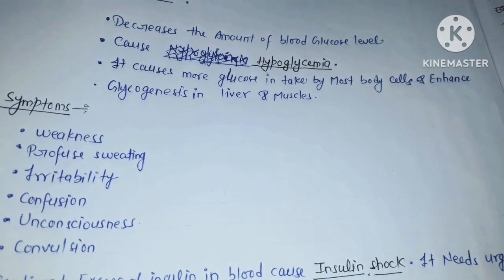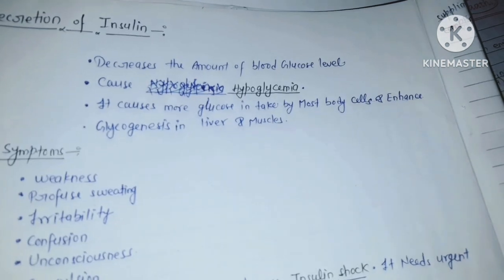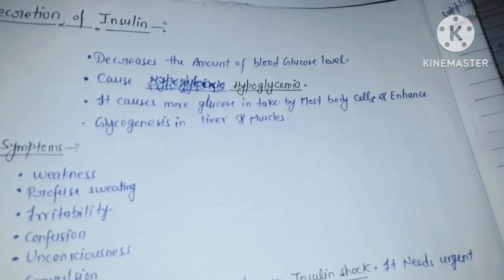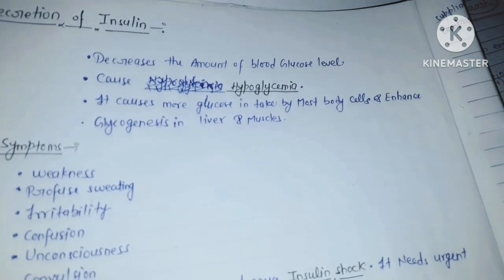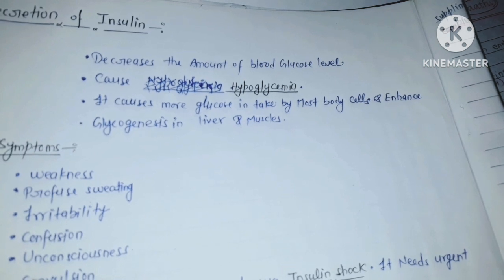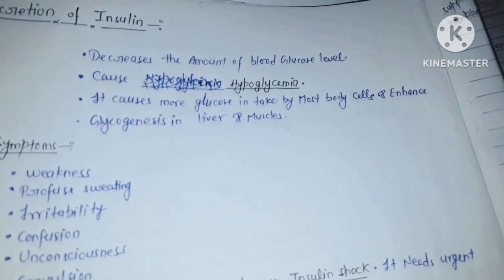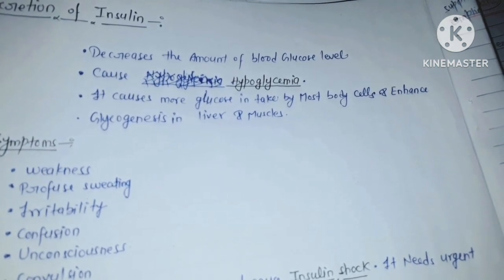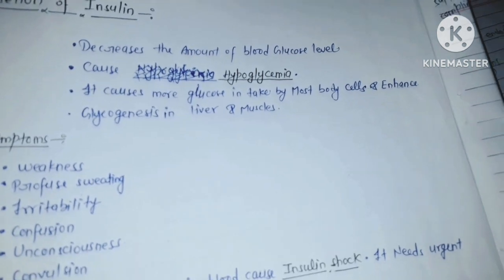So insulin causes more glucose intake by most body cells and enhances glycogenesis in liver and muscles.